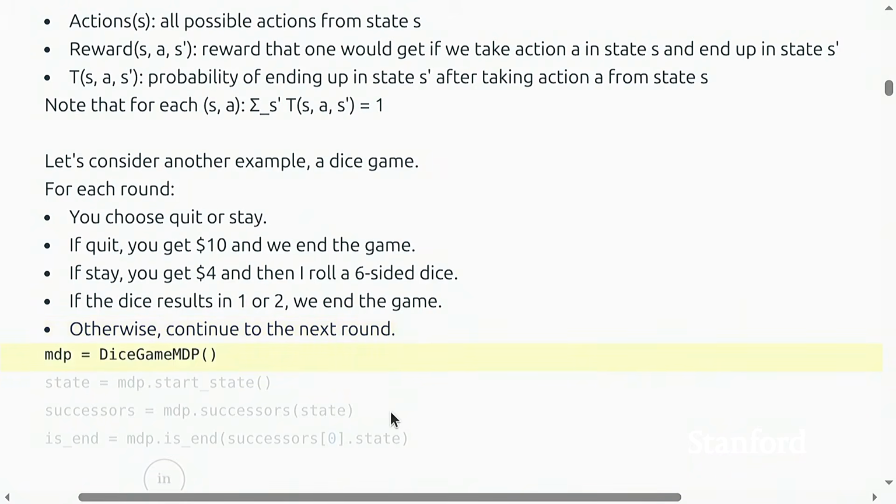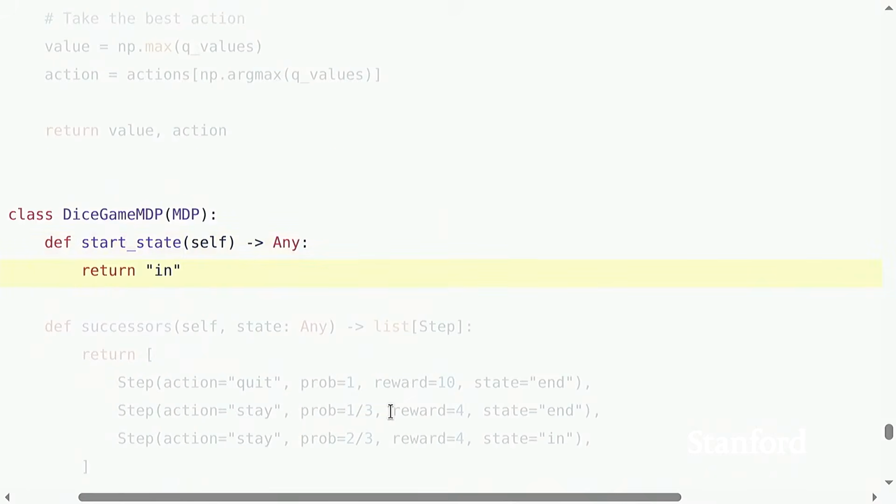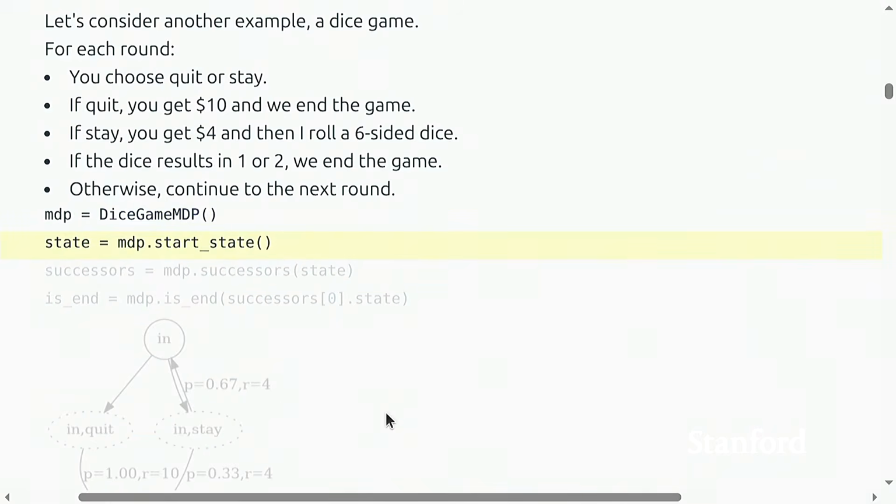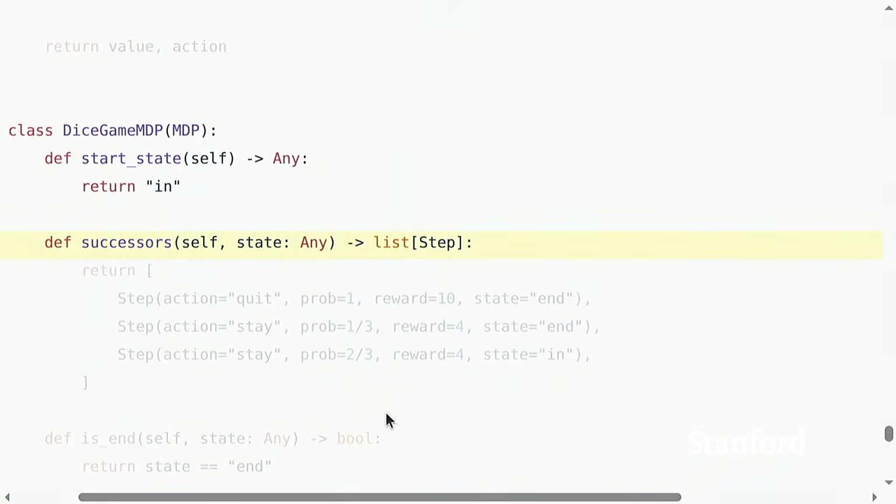Let's define this formally. The start state is going to be this constant called in, which means I'm in the game. And the successors of this state: I can quit, in which case with probability 1, I pick up my $10 and go to the end state.